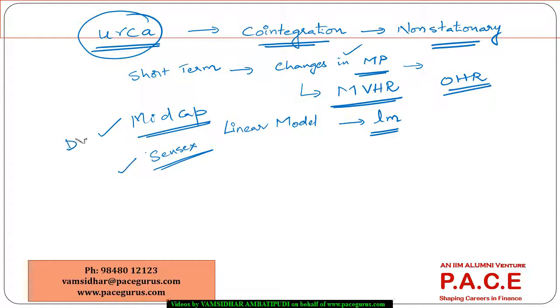So this will become my dependent variable, this will become my independent variable. And whatever the beta that comes out through this particular approach, that is what we can consider as the optimal hedge ratio. So let's try looking at the optimal hedge ratio in this case.